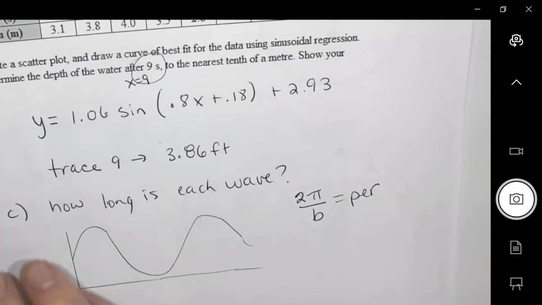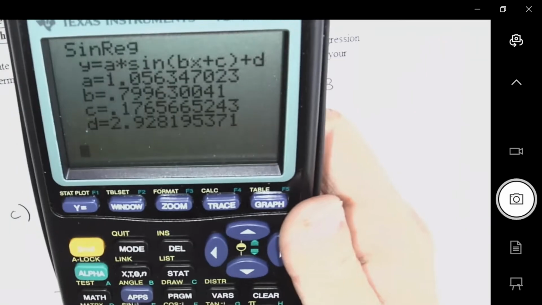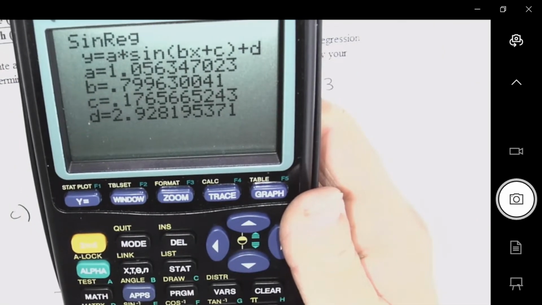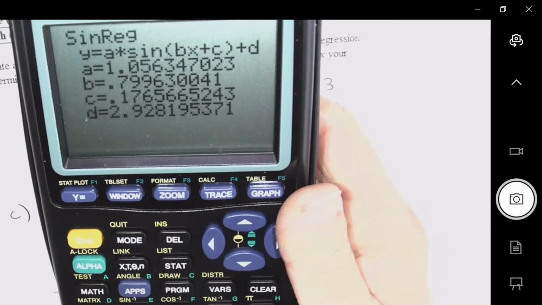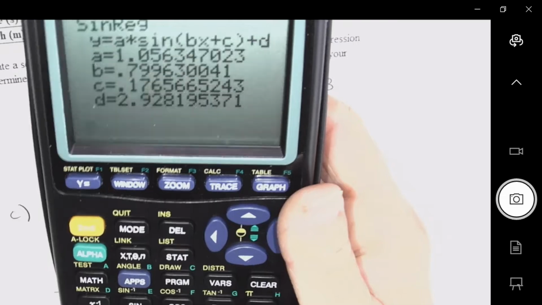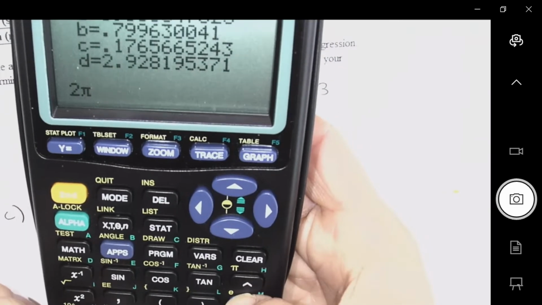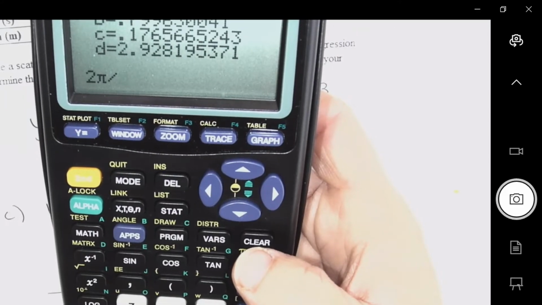Okay, do we know how to do this? There's my b value. But I am not allowed to round anything because it'll throw my answer off. So I'm going to go 2 pi divided by, and I want to copy and paste that b number in there.